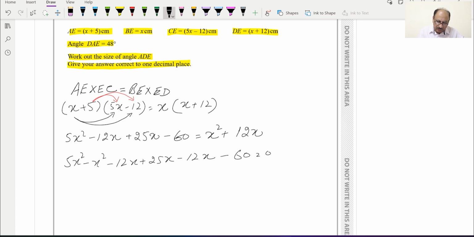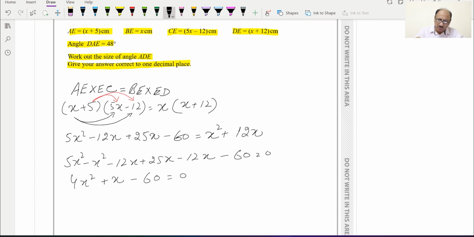We add the like terms, so it will be 4x squared, minus 12 and minus 12 is minus 24, plus 25 so plus x, and minus 60 is equal to 0. This is our quadratic equation.